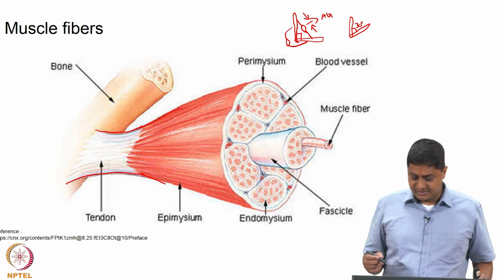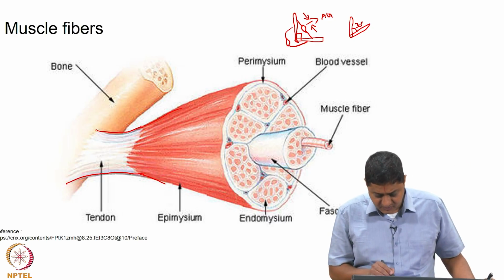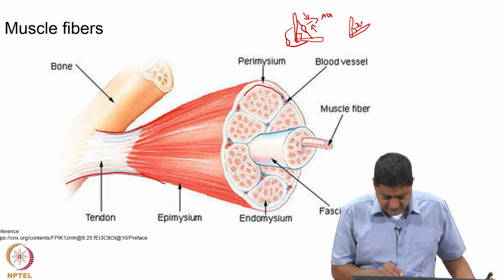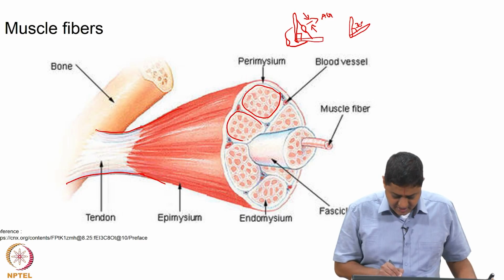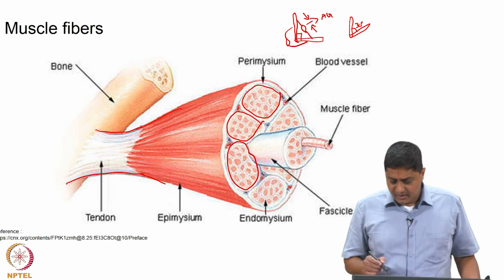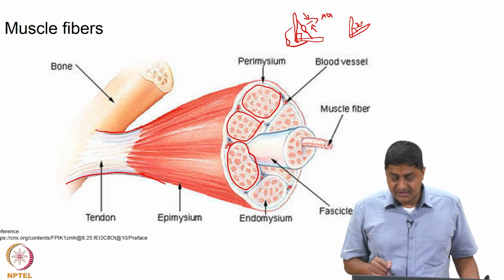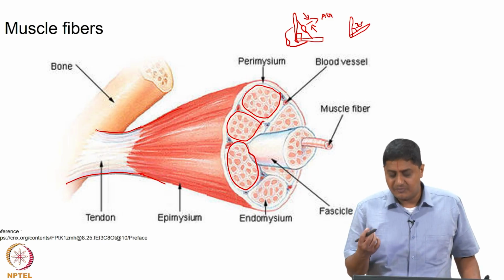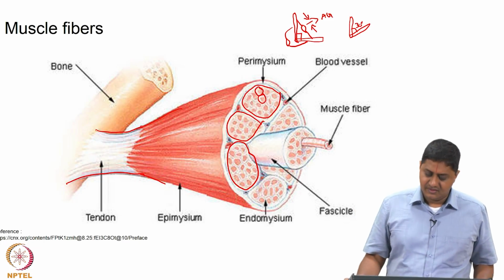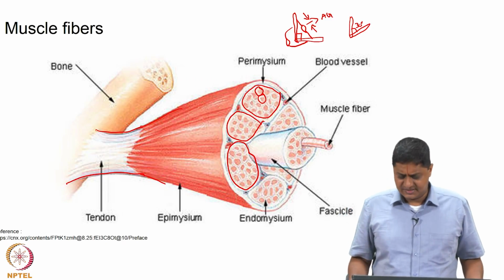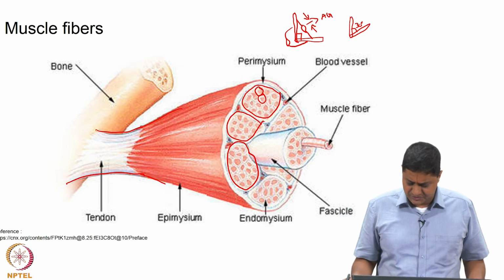So, say for example, that is one bundle, that is another bundle, that is another bundle, and so on and so forth. Each of these bundles themselves contain several smaller sized bundles such as those. These are called a primary bundle, secondary bundle, tertiary bundle, and so on and so forth.